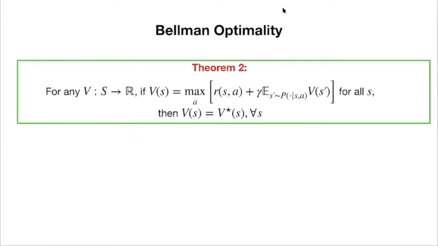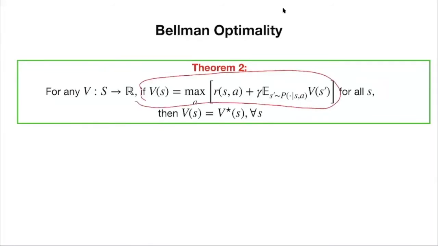This says that for any V that maps from state to a real number, this could be some arbitrary function that you come up with. It doesn't have to relate to the MDP or whatever. This is just a function you give to me, and I do the check and tell you that this V satisfies this Bellman optimality like equation.